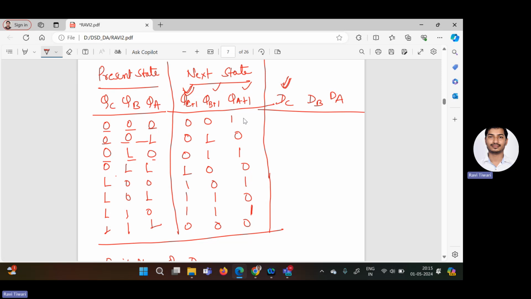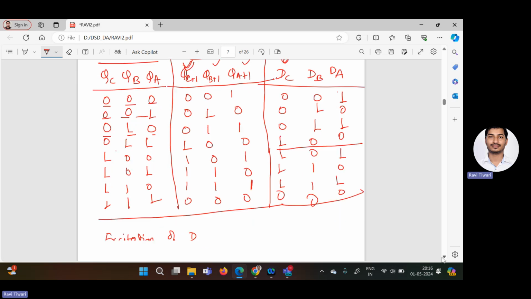So I'm just noting the same thing here, because in the excitation table we have seen the value of D is equal to Q of n plus 1. I'm just representing the same thing here, whatever is written in QC plus 1. Here for DB also it's 0, 1, 1, 0, 0, 1, 1, 0. Similarly, for DA it's 1, 0, 1, 0, 1, 0, 1, 0. Now it's completed.